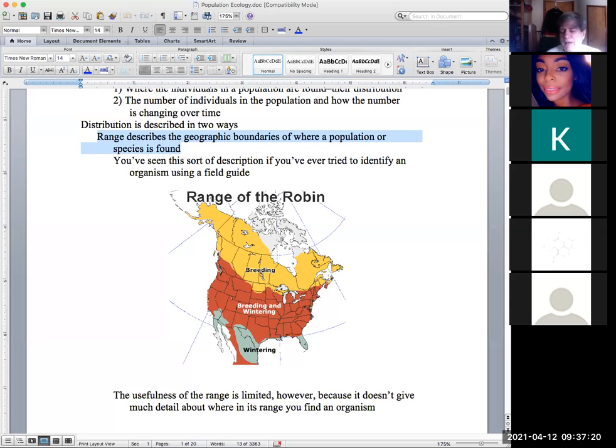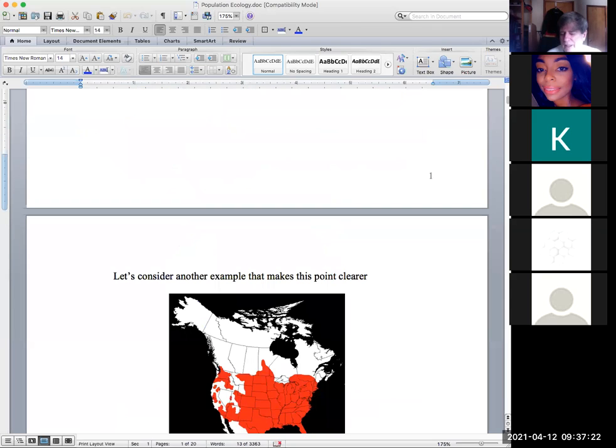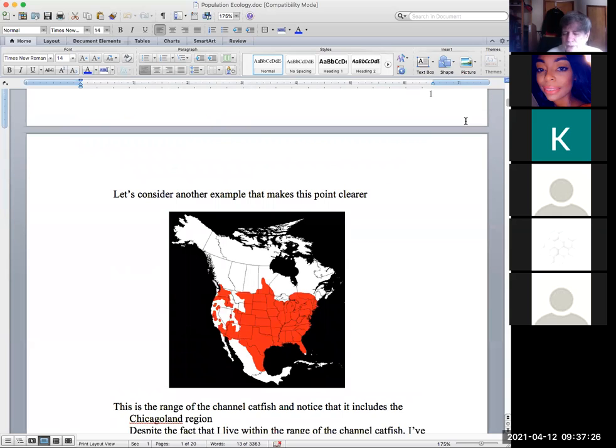A good way to think about this problem is to look at something else. The red here represents the range of an organism called channel catfish. And channel catfish basically live in deep streams and bigger streams that we call rivers, and some lakes.